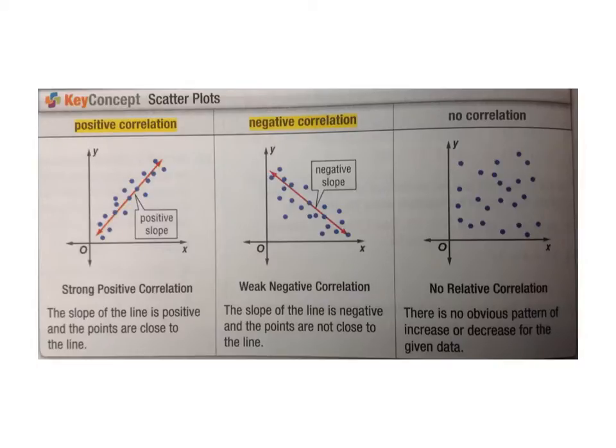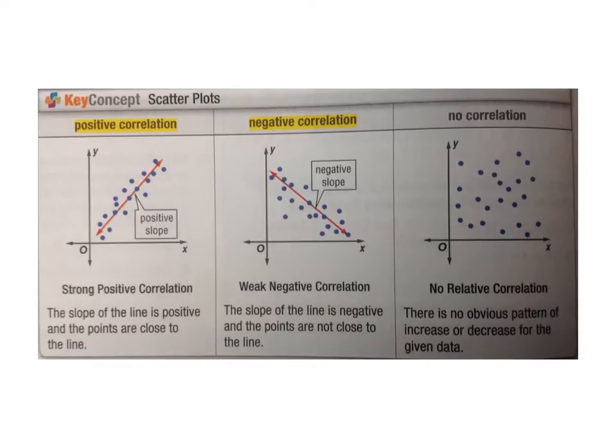If you look at this one, it says weak negative correlation. I wouldn't necessarily say that's super weak. I wouldn't say it's strong. It's not as tight as this line is, but I wouldn't call it super weak. I'd just say that's kind of medium. So I kind of disagree with this statement saying this is weak negative correlation. But with this one, you would have no idea where to draw a line. I don't know if it's going this way or this way.